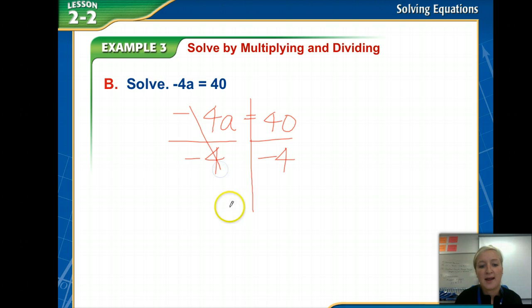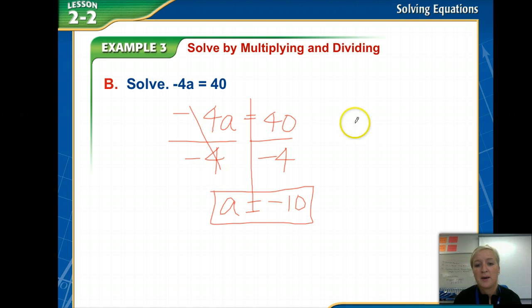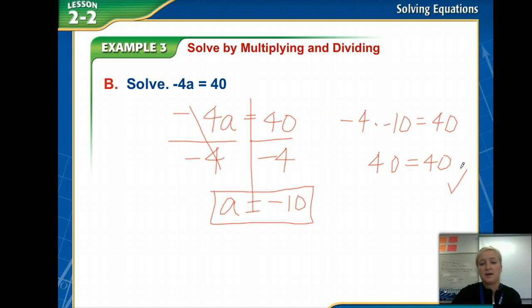Negative 4 and negative 4 cancel out, and I'm left with A equals 40 divided by negative 4, which gives me a negative 10. I'm going to come over here and say, does a negative times a negative equal a positive? Yes, 40 equals 40. That should be your answer.